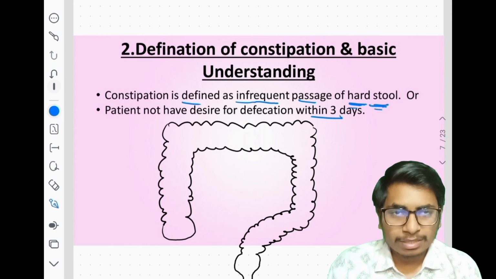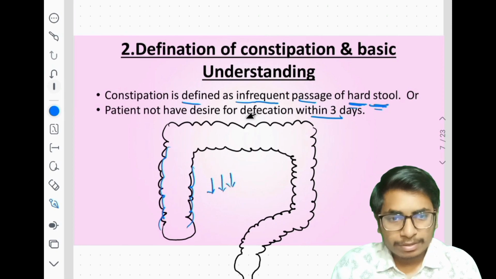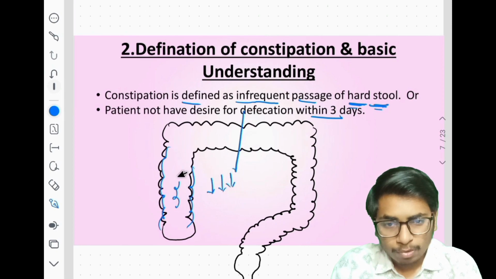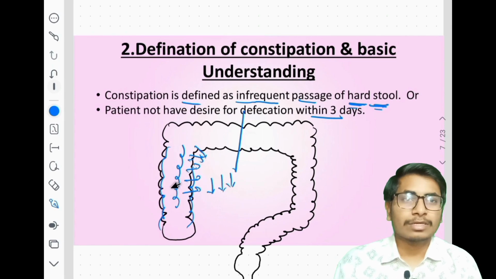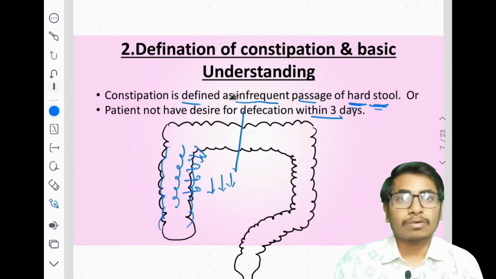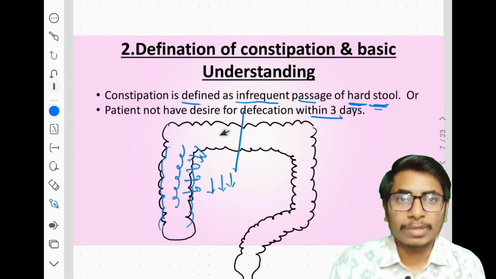The second reason is decreased intestinal motility, which gives more time for water and electrolyte absorption, so the stool becomes dry and hard, and that leads to constipation. According to both reasons we can identify the actual cause of constipation.